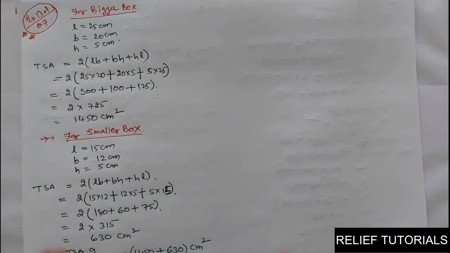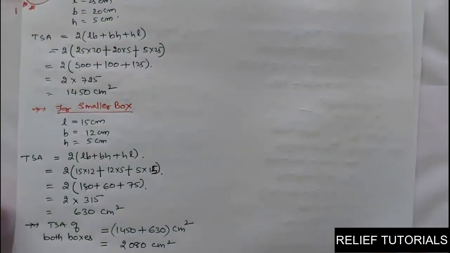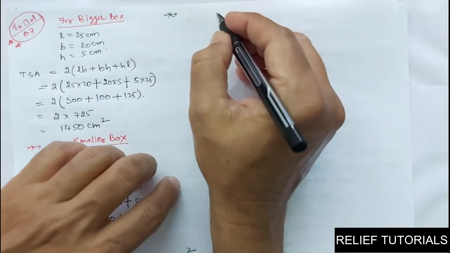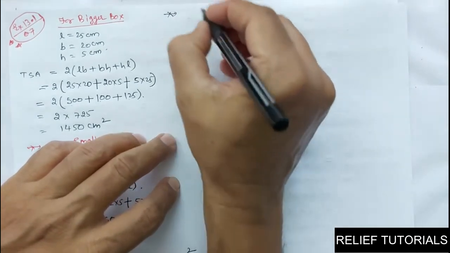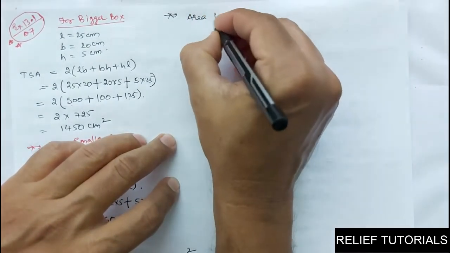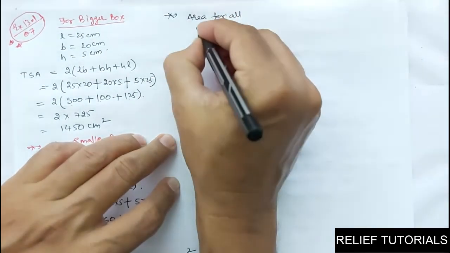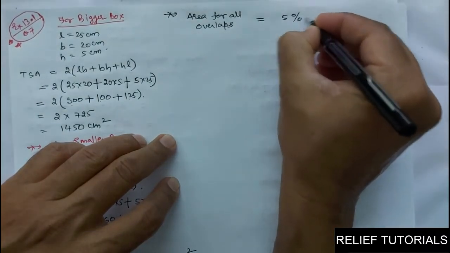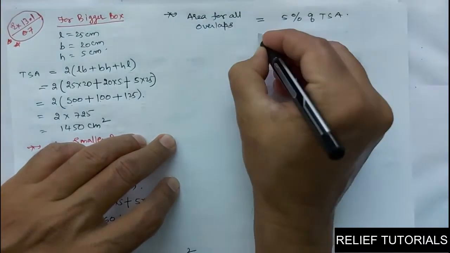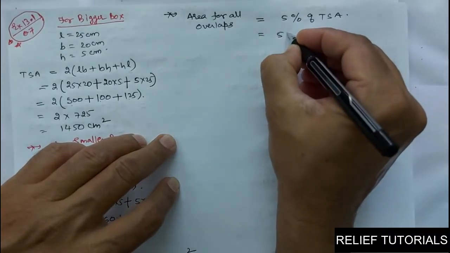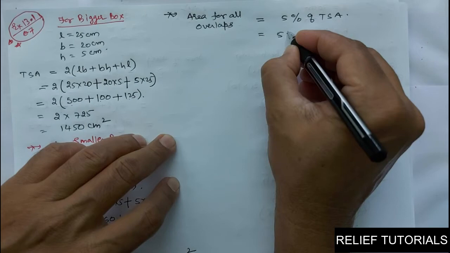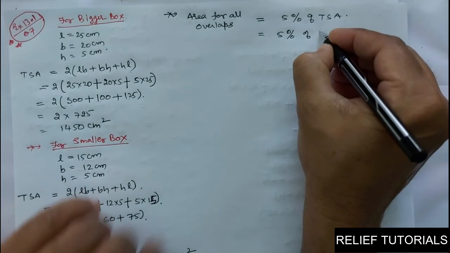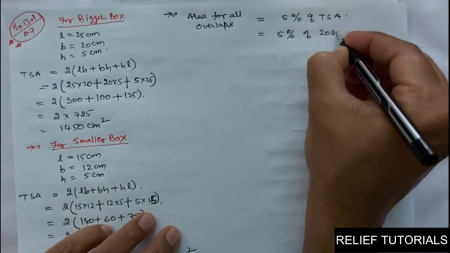So we have added both the areas and now we will find how much overlap is required. Clear? So now the area for all overlaps is 5% of total surface area. 5% of how much? 2080.